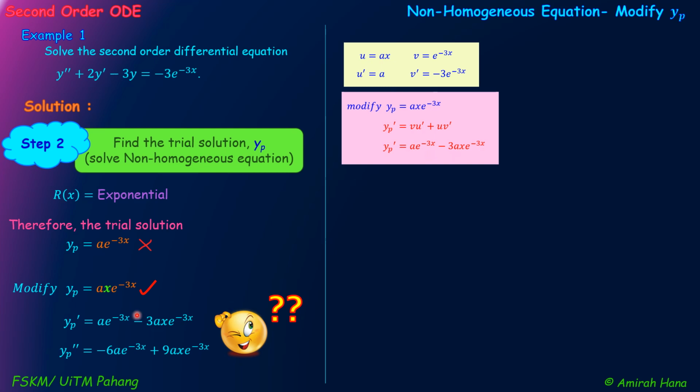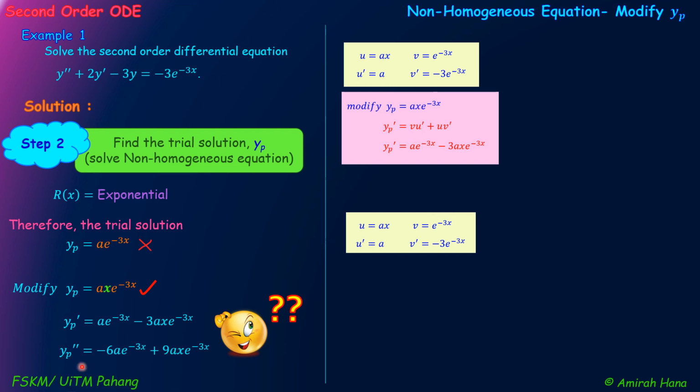That's why we got yp prime equals ae to the power of negative 3x minus 3axe to the power of negative 3x. Okay, we differentiate using product rule, because we have a multiplication of variables, right? Alright, and then from yp prime, we need to find yp double prime. Okay, so we differentiate yp single prime.